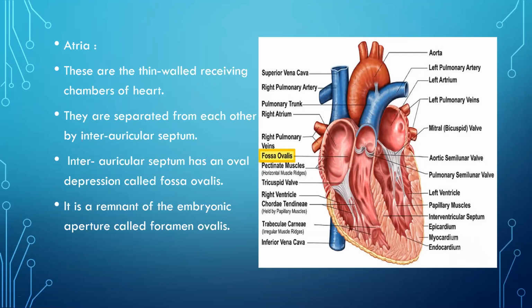This is possible with the help of the foramen ovale. But when the baby is born, it gets exposed to air. So this opening has no function after birth. That is why the fossa ovalis is called a remnant of the embryonic aperture called the foramen ovale.